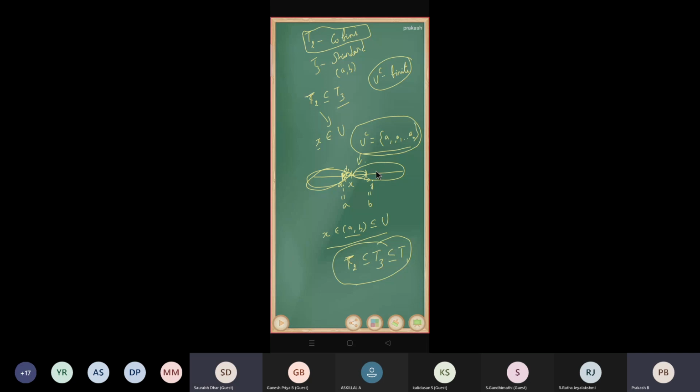I told that you want to take the minimum element on the right hand side which belongs to U complement, but if there is no element on the right hand side, then we can take any element, right? Yes.